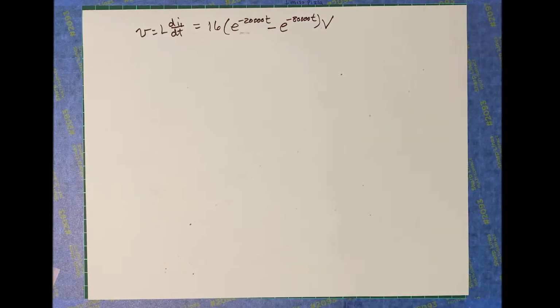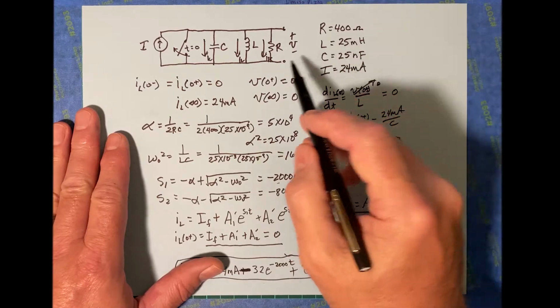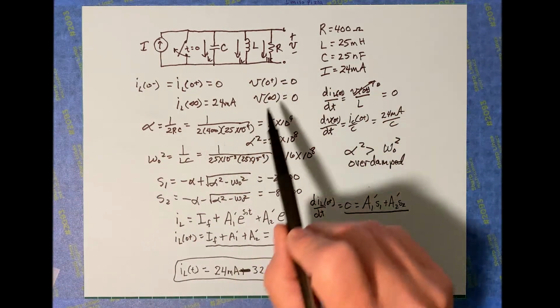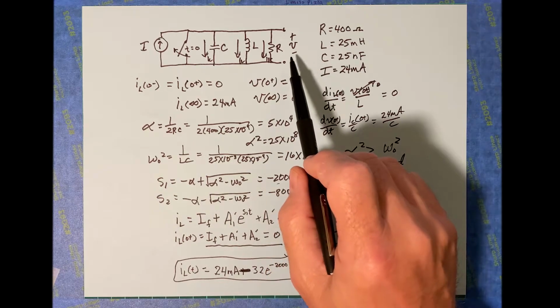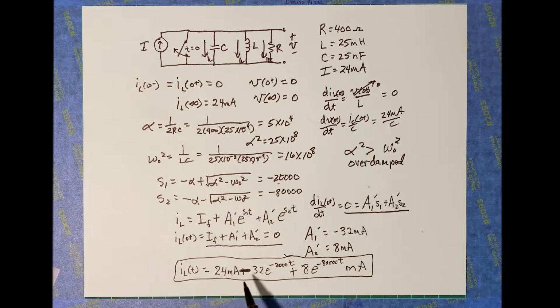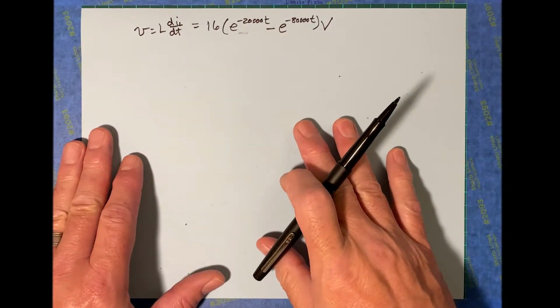All right. Now, let's say, for example, that you were given this problem exactly the way it looks here, except you were asked to find only the voltage. Well, to find the voltage, you wouldn't want to go through this process of finding I sub L first, then doing the derivative like this.